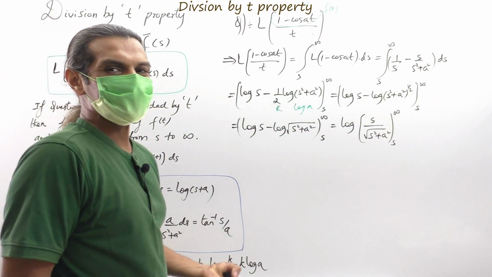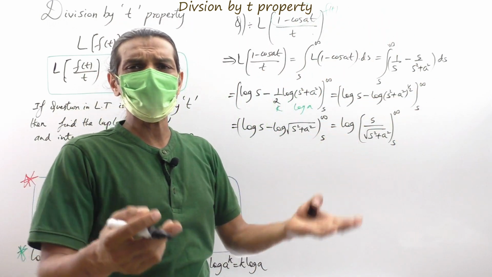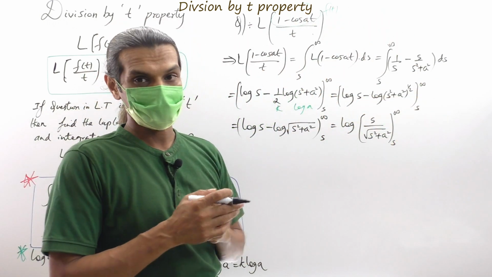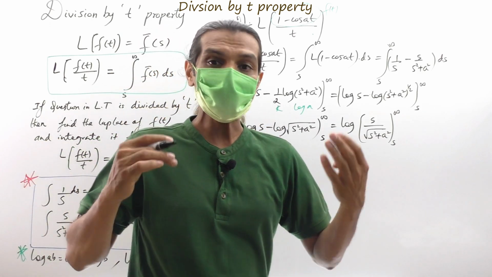Now, as I told you, the top limit is infinity, the bottom is s. If it was any other value, I would directly apply it and get the answer, but it is infinity. So, to infinity, any value by infinity is 0. To get that, we have to apply the limits.